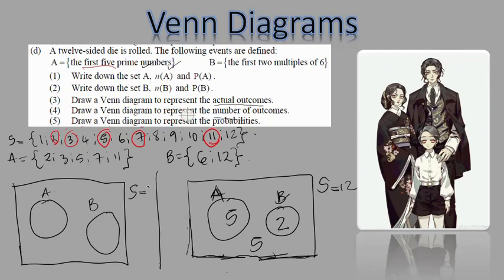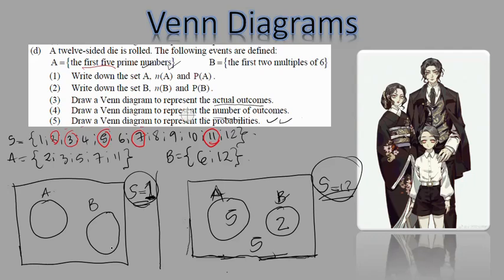A probability Venn diagram is supposed to add up to 1. We are on the last question now, in case you are lost. So in this case, my sample space is equal to 1. Why? Because this is a probability Venn diagram. Before, I was doing the number of outcomes Venn diagram, which means my numbers should add up to 12, right?